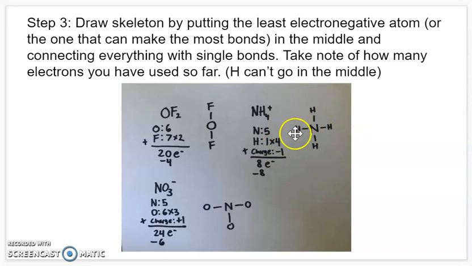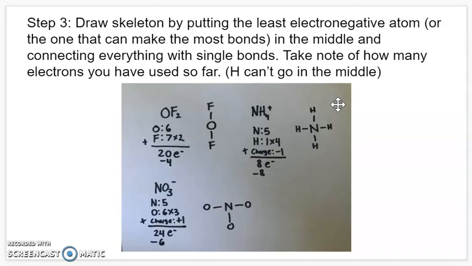Now, this one was a little bit tricky because it's kind of hard to tell which is more electronegative, N or H. N tends to be pretty electronegative, but N can make more bonds than H. H can only make 1 bond, so it can never go in the middle. Also for this one, you'll notice that N is making 4 bonds rather than the 3 that we would normally predict. I talked about this last time, but N can break the rules a little bit sometimes.